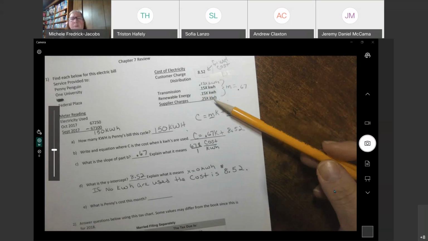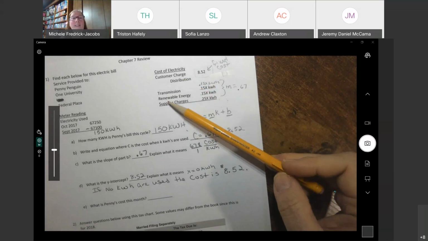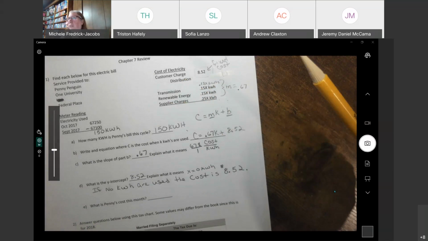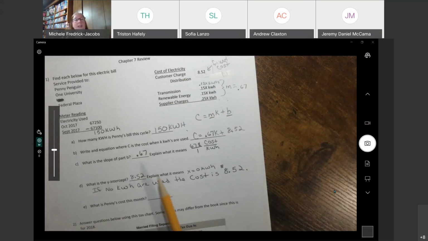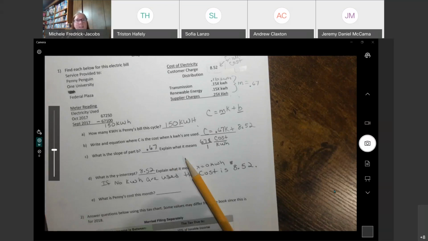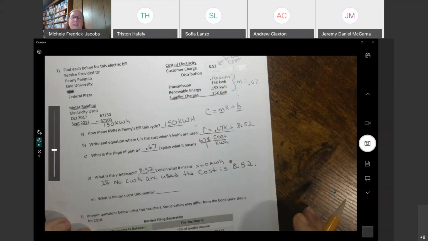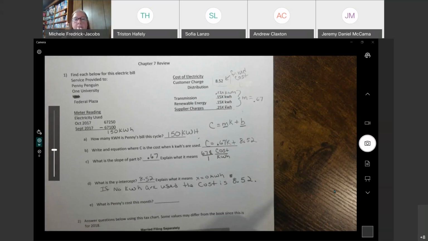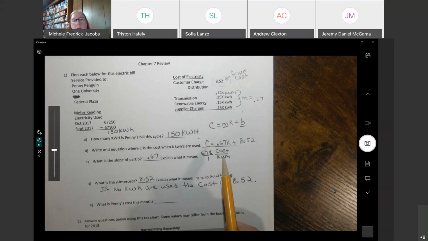It's probably higher now. But yeah, these are only a few of the rates. And like the renewable energy, there's I think a recycling one, and look at your electric bill or your parents' electric bill and see all the different little fees that are hidden in there. But all of those are per kilowatt hour, so they would be our slope.